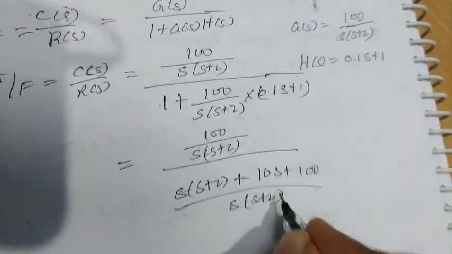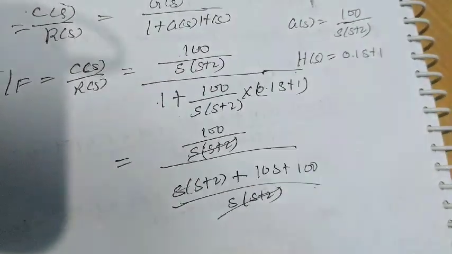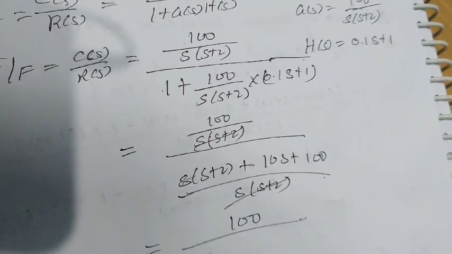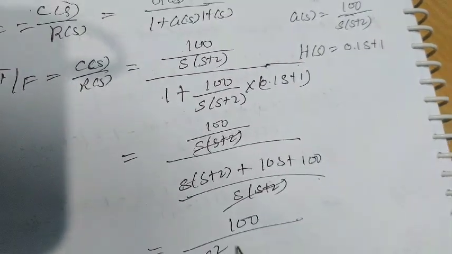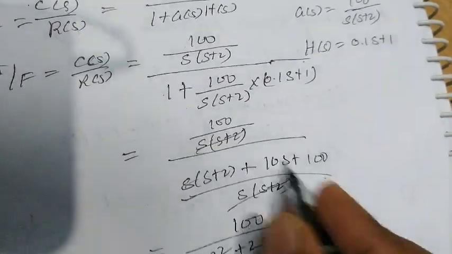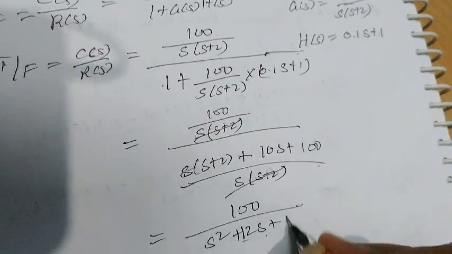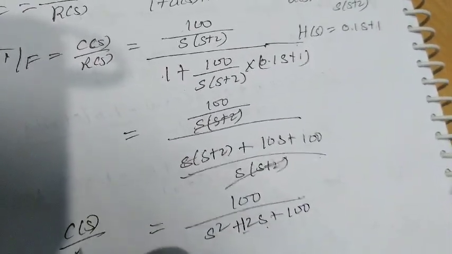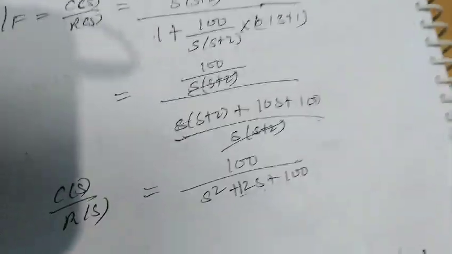So this s into s plus 2 will get cancelled. The remainder is 100 over s square plus 2s plus 10s, total s square plus 12s plus 100. So this is my C of s by R of s.